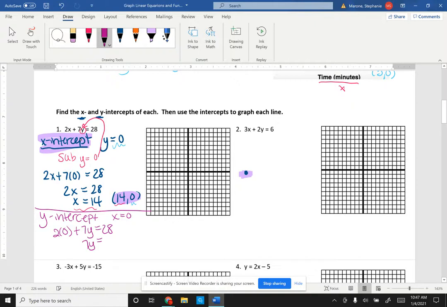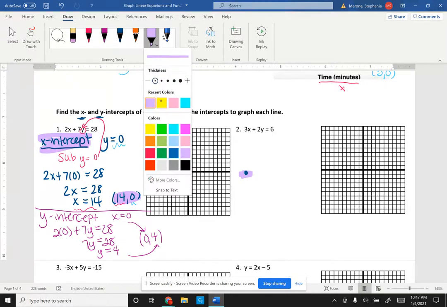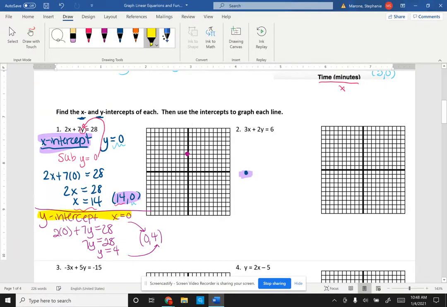So 7y is equal to 28 and y is equal to 4. So in this point, x is 0 and y is 4. So that point is on the y-axis, 0, 4. The y-intercept is on the y-axis where x is equal to 0. The x-intercept is on the x-axis where y is equal to 0. And then I can draw a line through those 2 points.